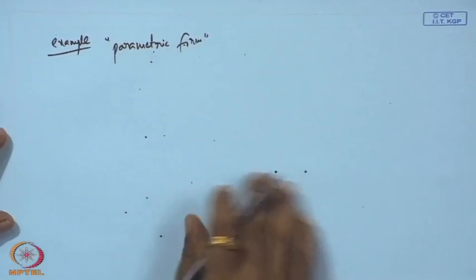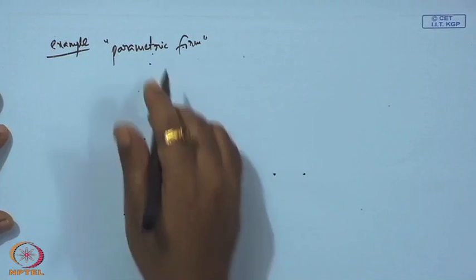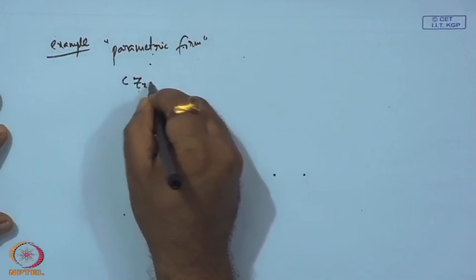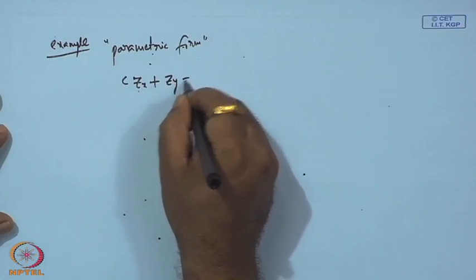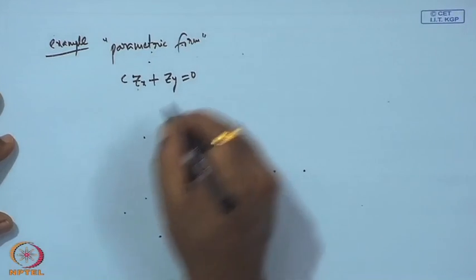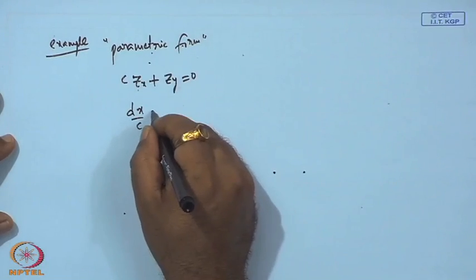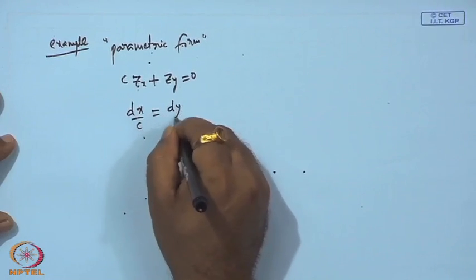So there is a slightly different approach using parametric form. Consider the simplest example that we have considered. Then for this, the characteristic equations, the auxiliary equation.